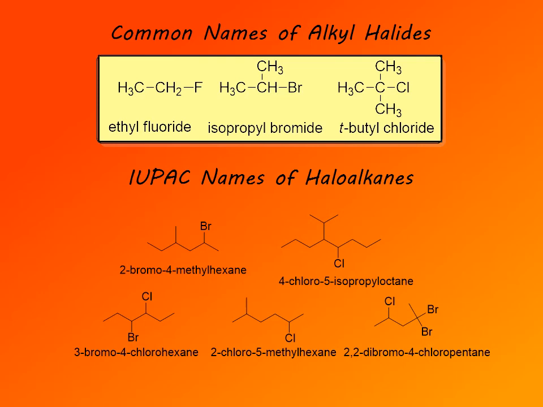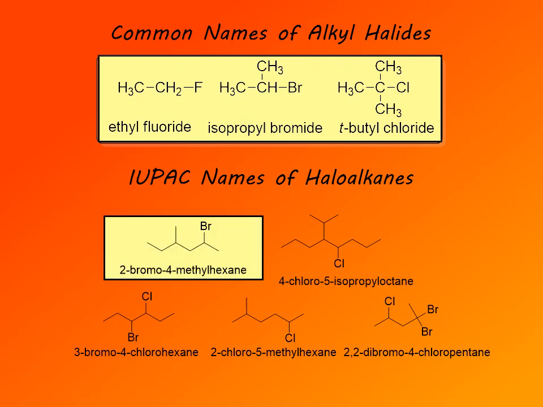And simply, the compound is named as if it were an alkane, and the halogen is treated as another substituent, the way we would treat methyl, ethyl, isopropyl, tertiary butyl group, any other substituent. And so it's given a name, it's assigned a number, and it's listed in alphabetical order together with other substituents. So this nomenclature is much more convenient, but it is a bit less common.